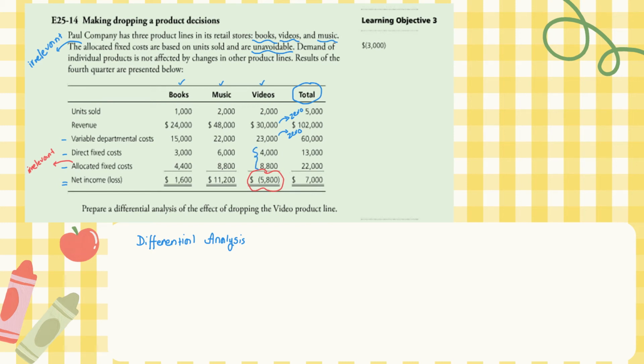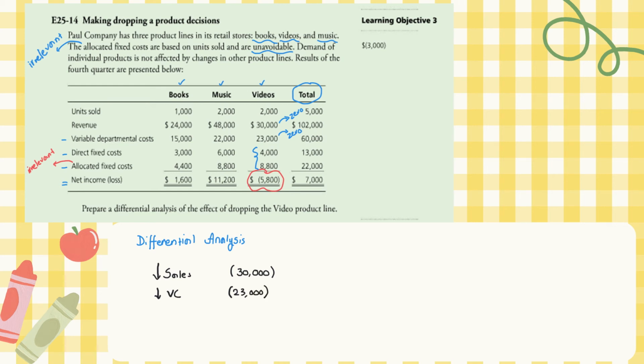Is it relevant or irrelevant? Now, we're gonna have a decrease in sales by $30,000. It's a decrease, so it should be a negative. Decrease in variable cost equals negative 23,000.